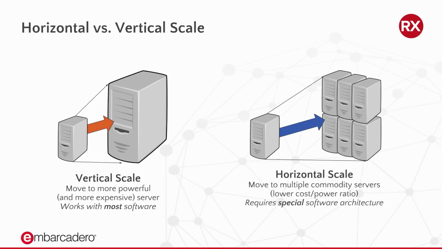So the total processing power, storage, etc., is cheaper in horizontal scaling per unit than in vertical scaling. Now, vertical scaling, like I said, works for most software, whereas horizontal scaling requires some architectural changes.